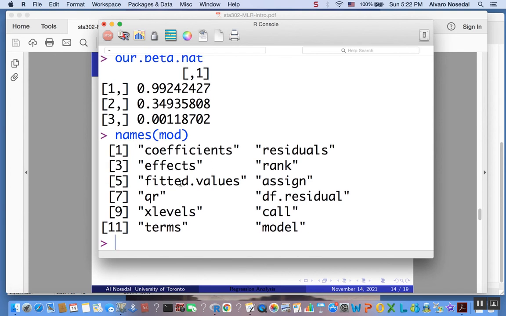I want to compare the predictions between this built-in function and the matrix approach. So let me use cbind, and then mod$fit. That's going to give you the fitted values, and then ours is just y hat.